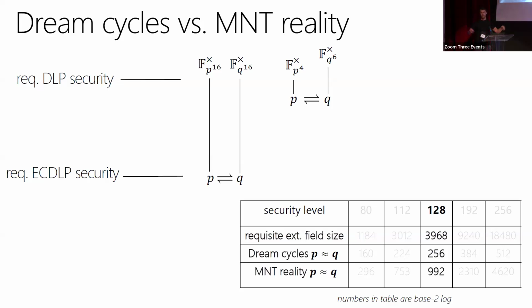But as these index calculus attacks have got better and better over the years, we've had to keep boosting the size of the extension field where the pairing is computed, so that there's a hard DLP up the top. So if we wanted a dream cycle at the 128-bit security level, maybe 16 is the right number. And ideally, we'd have two elliptic curves of prime order down here over 256-bit fields.